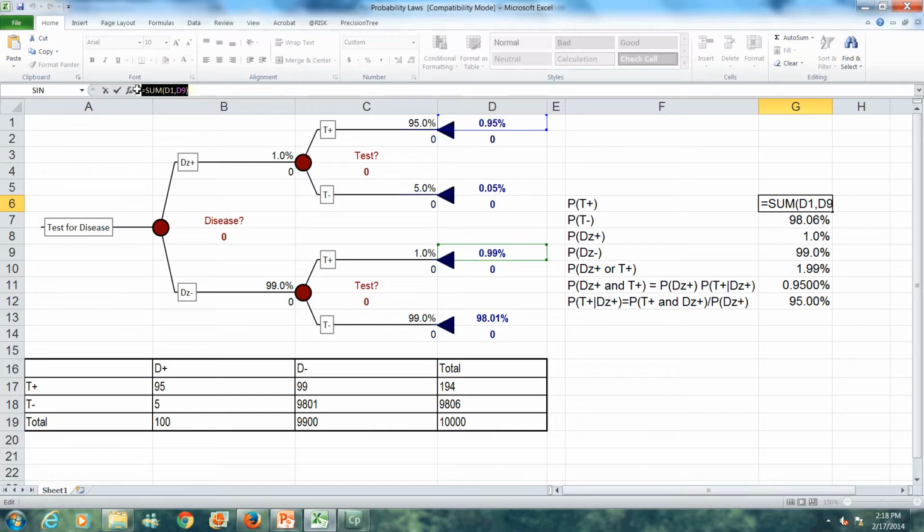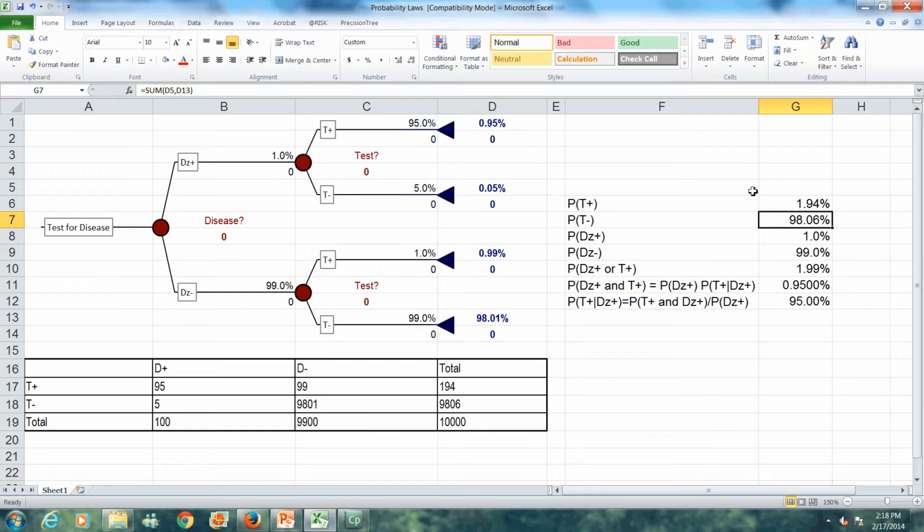And so when I do, I get the probability of 1.94%. And if you were to go back through our earlier presentation, you would have seen that was a number that we calculated.